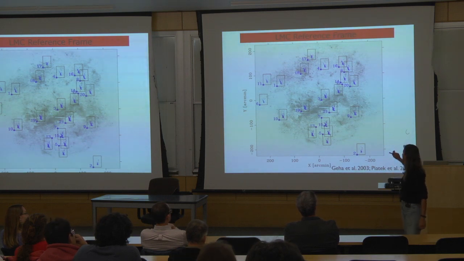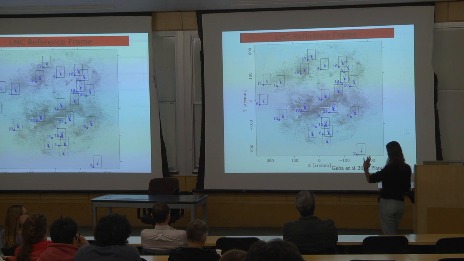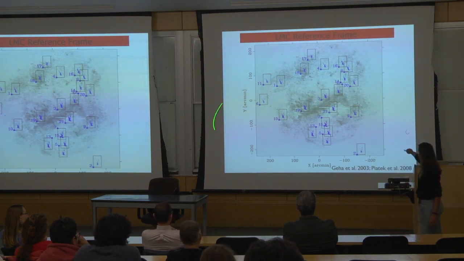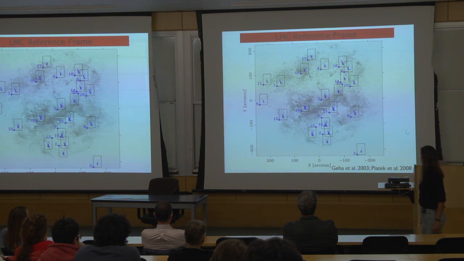We used them as a fixed inertial reference frame against which to measure the foreground motions of LMC stars. We had 22 different sight lines, 22 different quasars that, as you can see, sample the LMC, which is quite big.